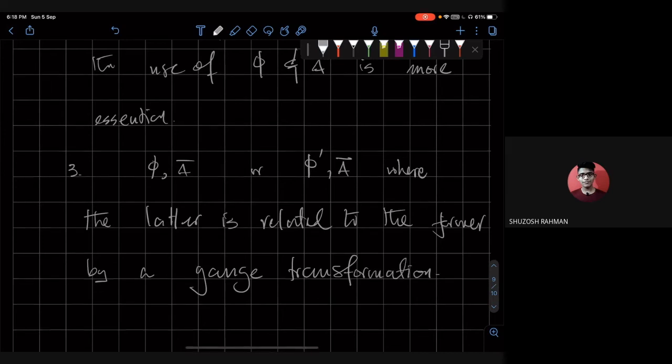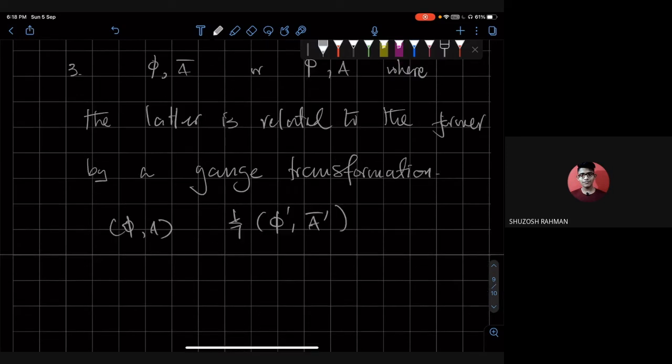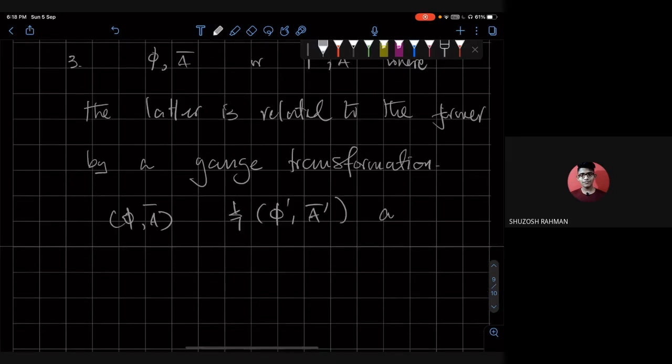So these are physically equivalent. So this should be prime. So phi, A and phi prime, A prime, use a bracket, are physically equivalent, okay?